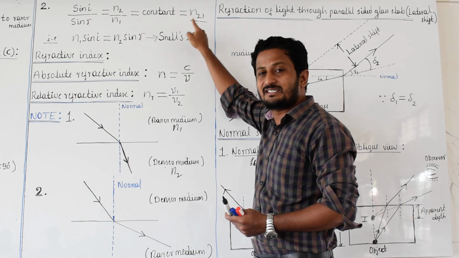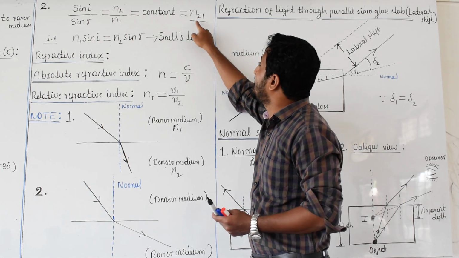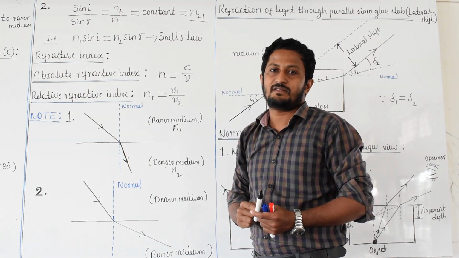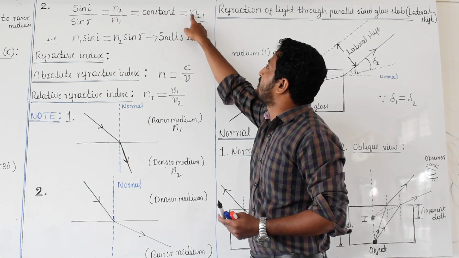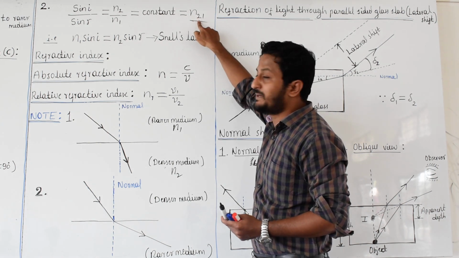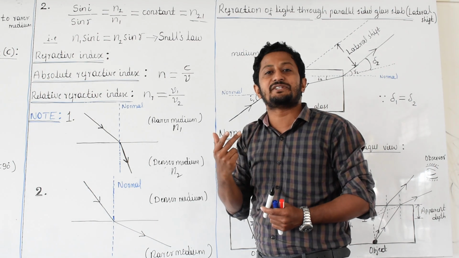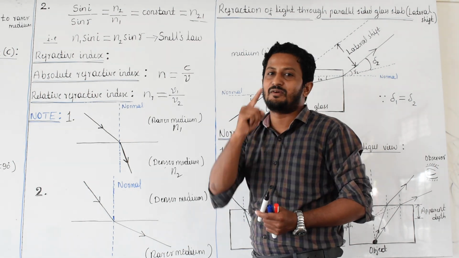N21 means the speed of light in the first mentioned medium with respect to the secondly mentioned one. Getting what I mean?